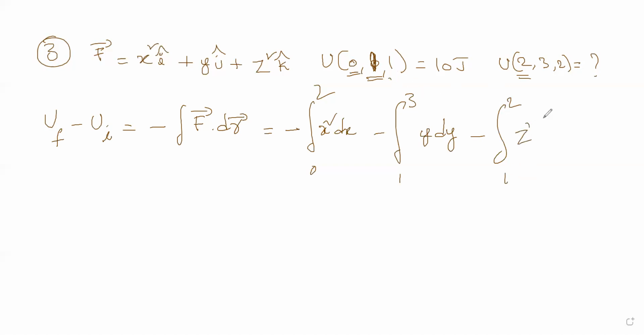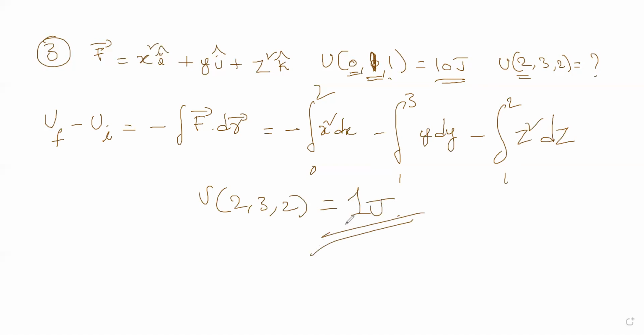That's how you solve the problem. And U initial you will substitute, that is 10 joules. In a similar fashion you will end up with the U final. U at (2,3,2) will be about 1 joule. This is the answer you end up with after the integration and calculation.